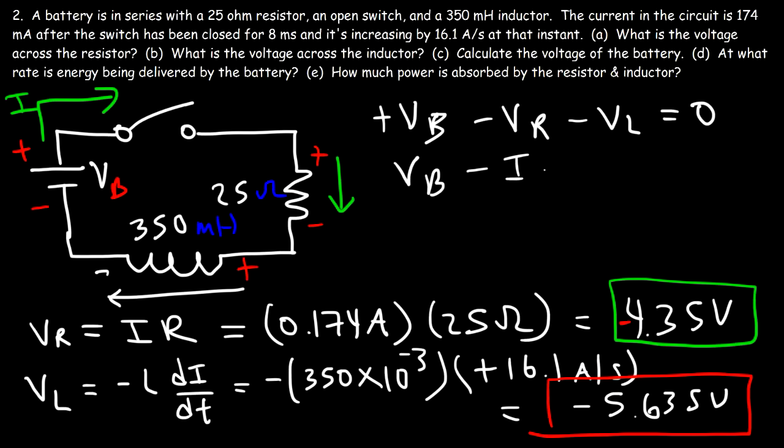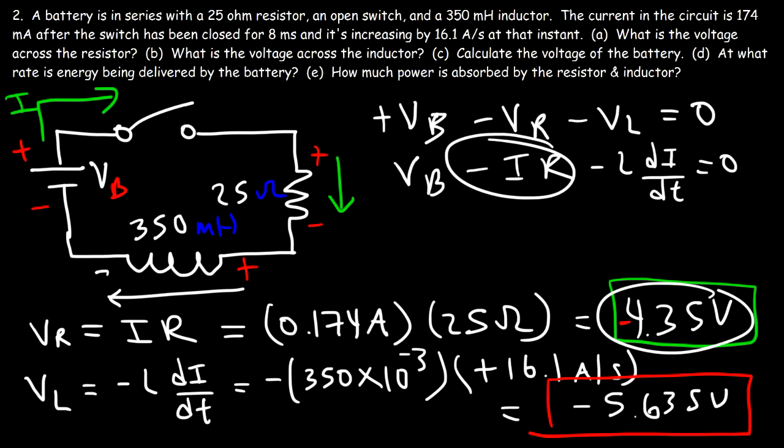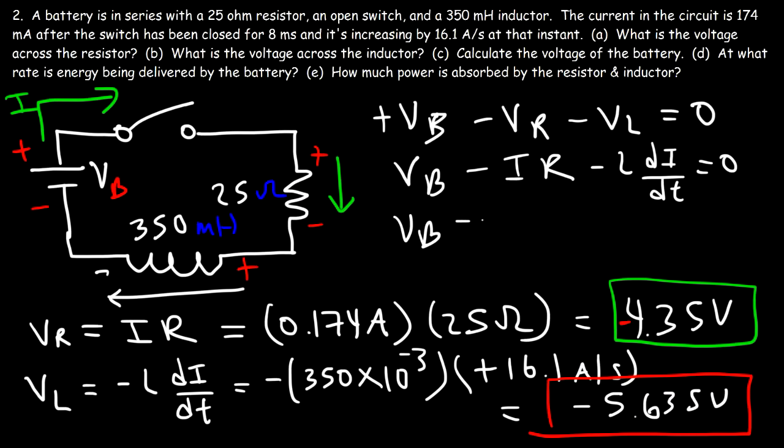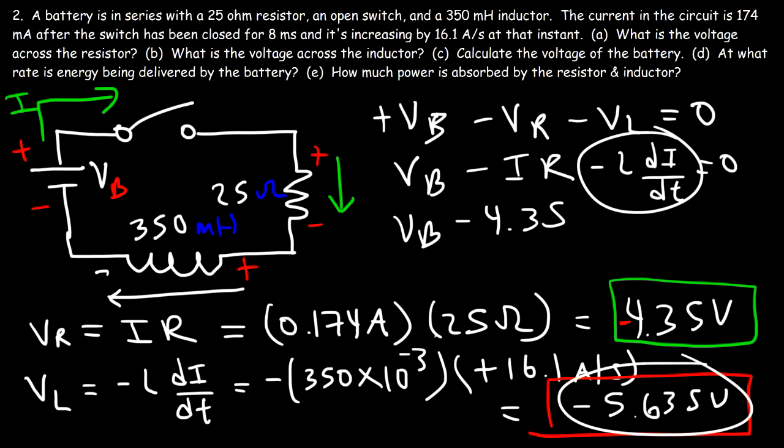VR is going to be IR. VL is L di/dt. So this quantity is already negative. That's negative 4.35. We don't have to use the negative twice. And this whole thing should be negative as well, since it's decreasing the energy of the circuit.